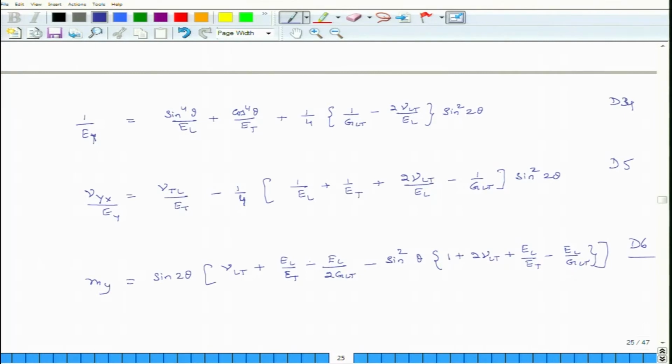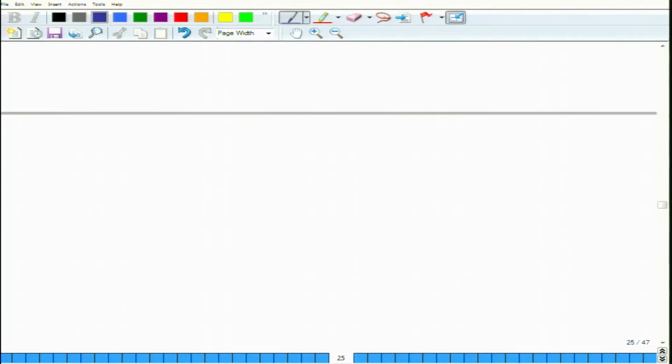When you compare D3, D4, D5, D6 with their counterparts D1, D2, D3, you find some equivalences, and that is gamma xy equals minus mx sigma x over EL, and you also see that my equals minus gamma xy times EL over sigma y. These are the basic definitions, so we use these definitions to develop the relations mentioned earlier.